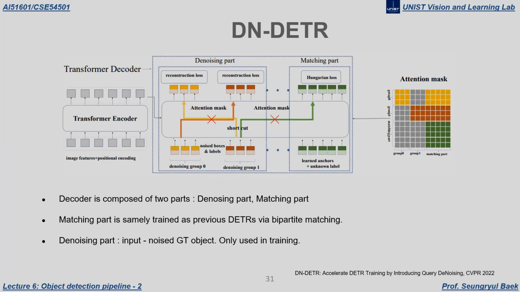So by attending to this ground truth, the high level idea is that the matching part becomes more stable by seeing the values which are close to the ground truth, okay?